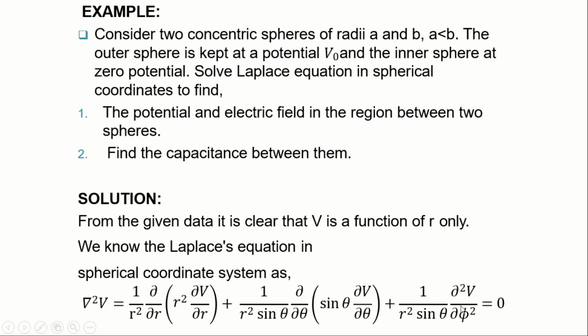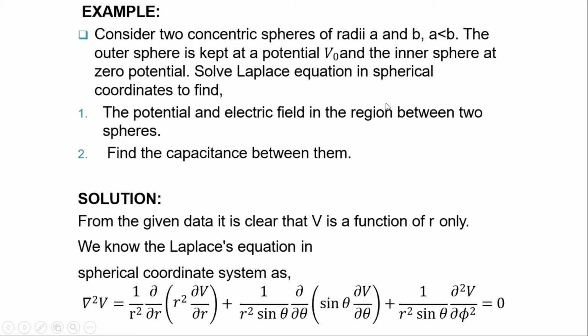That's why I said in my last lecture also to remember this expression of the Laplace equation in spherical as well as in cylindrical coordinates. So this is the expression of the Laplace equation in the spherical coordinate system.